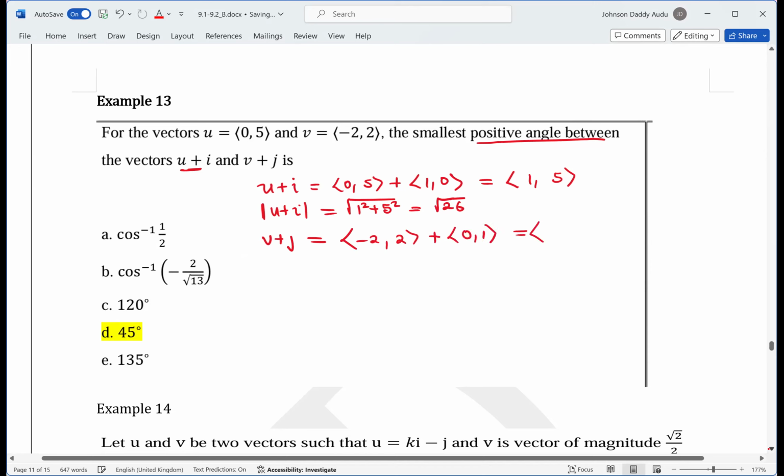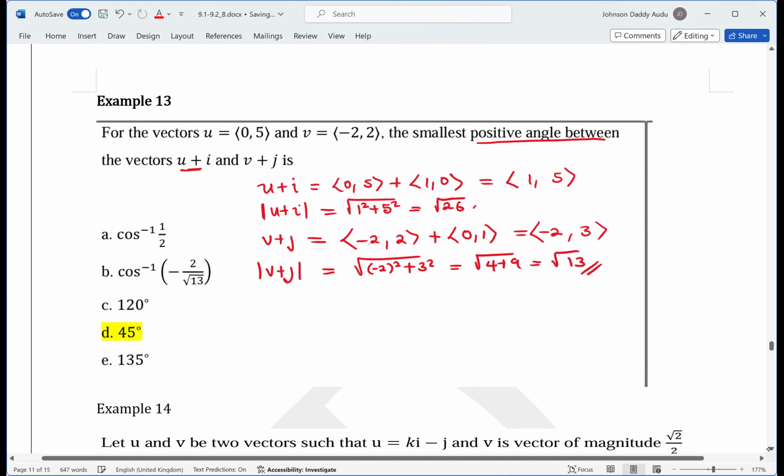And that will make this minus 2 and 3, right? Because you have minus 2 plus 0, minus 2, 2 plus 1, 3. And then we can also find the magnitude, which will be minus 2 squared plus 3 squared. And this should be 4 plus 9. And this is root of 13.